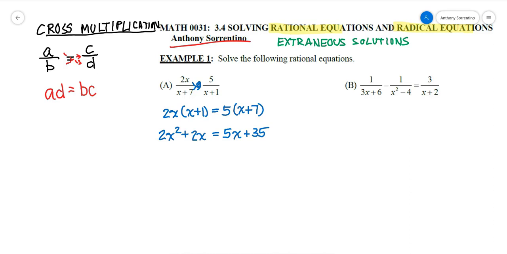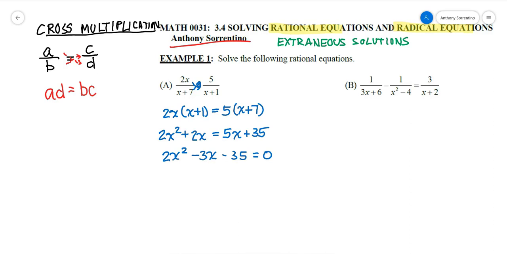So I'm just going to choose to use the quadratic formula for this. So I'm going to get this equation set equal to 0. So I'm going to subtract 5x from both sides, which will give me a minus 3x. I'm also going to subtract that 35.